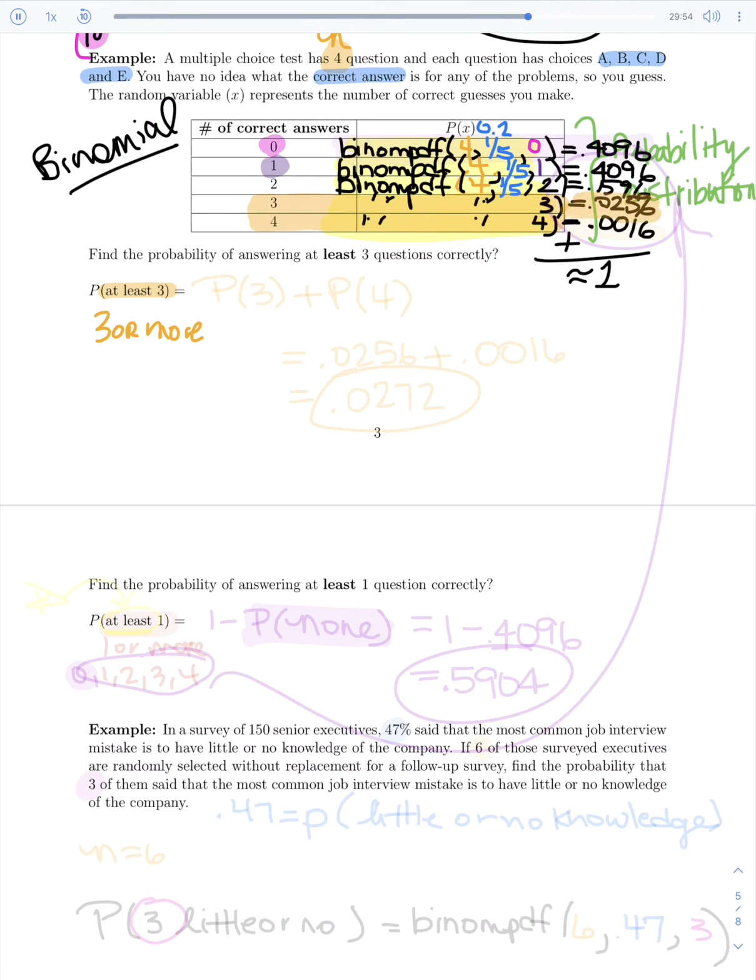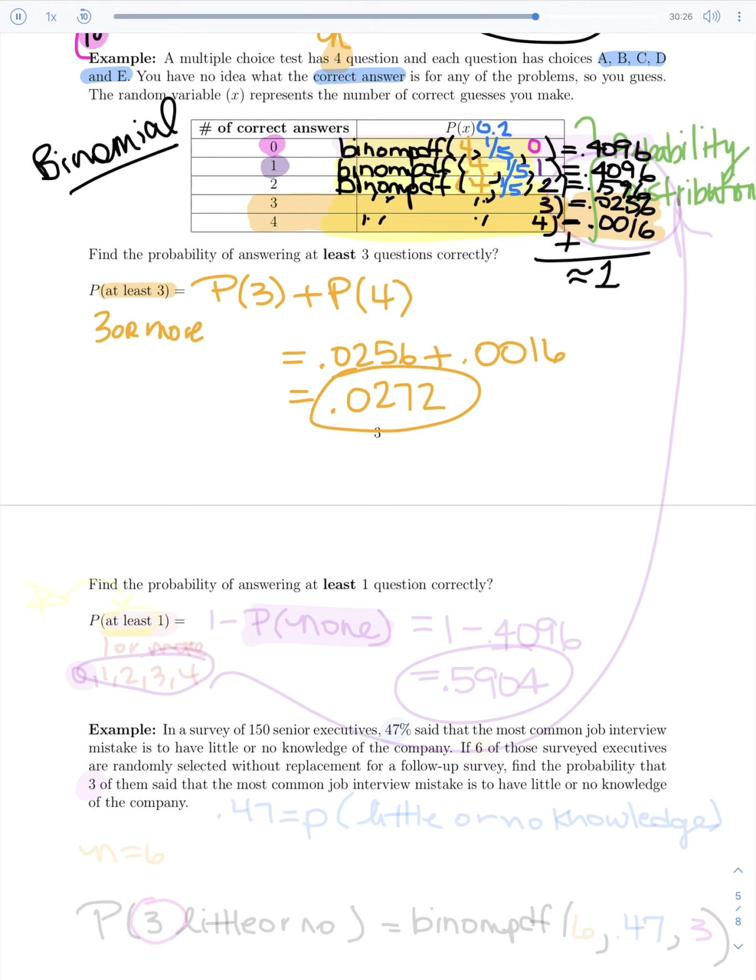So I would be taking those 2 probabilities and adding them up, which is the probability for 3 added to the probability of getting all 4 correct, which is the 0.0256 and the 0.0016. And once this is all added up, we get 0.0272. And that's our probability of getting at least 3 questions correct.